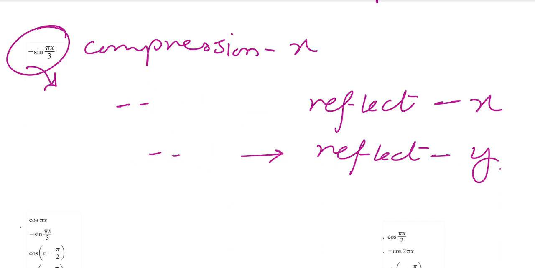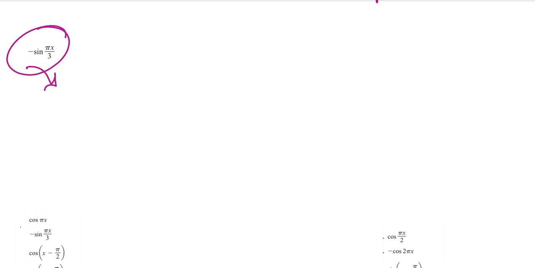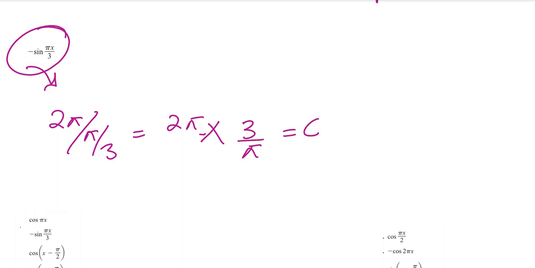So we have seen this whole thing. And the third part will be finding the period. That will again be just dividing 2 pi by pi by 3. What will we get? So 6 is the period.